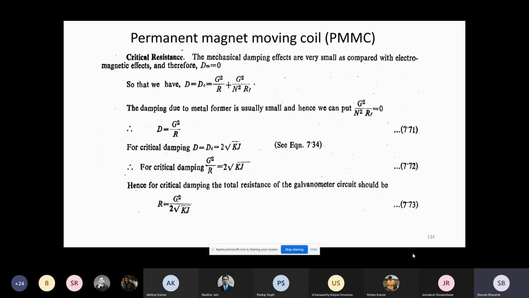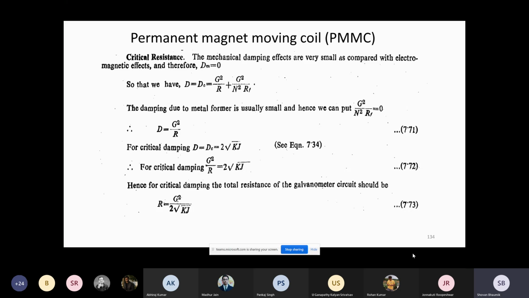Now for a critically damped system, what will be the resistance R? For a critically damped system, we have seen that the damping coefficient D will be equals to 2 root over Kj. So now we can substitute the damping coefficient, G square by R, which will be equals to 2 root over Kj. So now you see that R, capital R, which is the critical damping resistance, will be G square by 2 root over Kj.